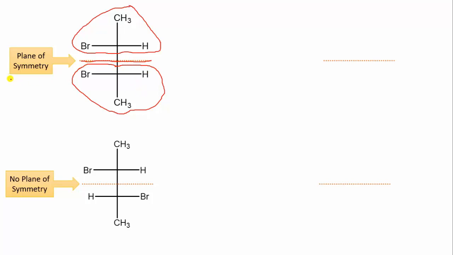So it has a plane of symmetry. Taking this other example, this bromine is arranged on the opposite side, so the parts are not mirror images of each other. So it has no plane of symmetry. So one compound is achiral and another is chiral.